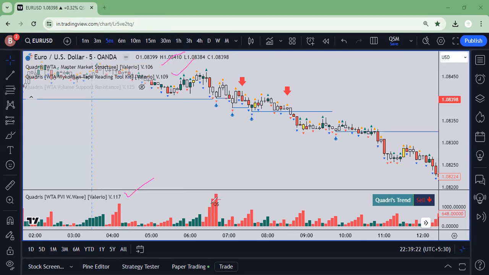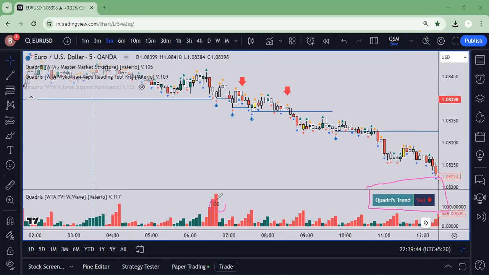So there is this factor of OS, oversold and over demand, and this factor of trend, intraday trend. This is basically for intraday.